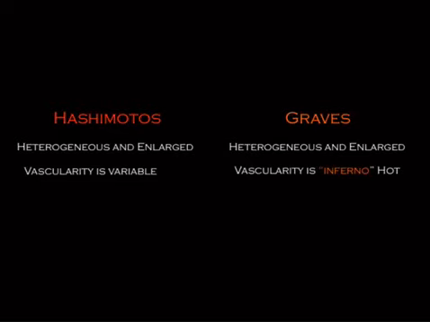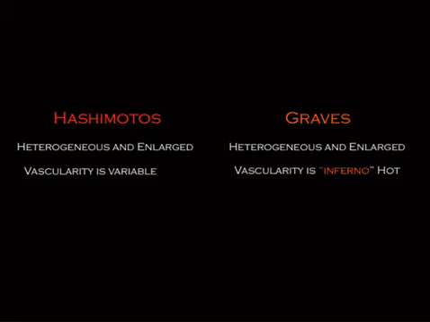Vascularity is variable, but let me make a good point here. Graves' disease has a buzzword, this quote, inferno thyroid. So if they show you an ultrasound that has a lot of flow in the thyroid, they're trying to tell you it's Graves'. The trick is that Hashimoto's can also have a very hot thyroid, depending on the phase.